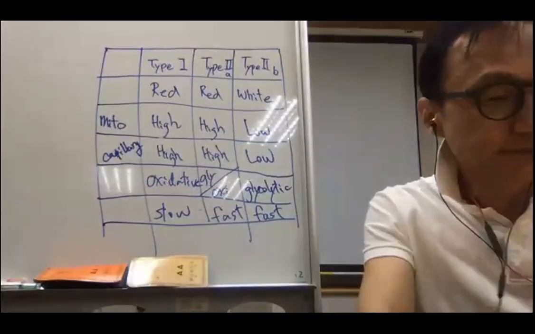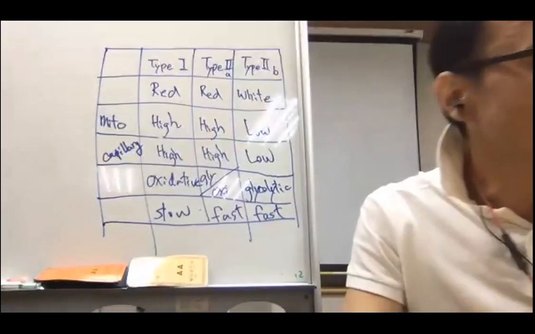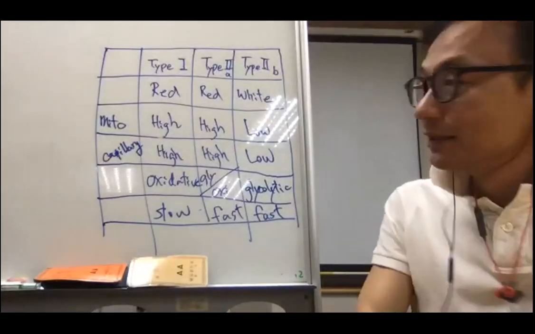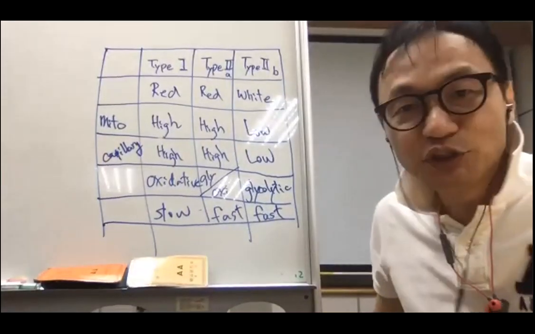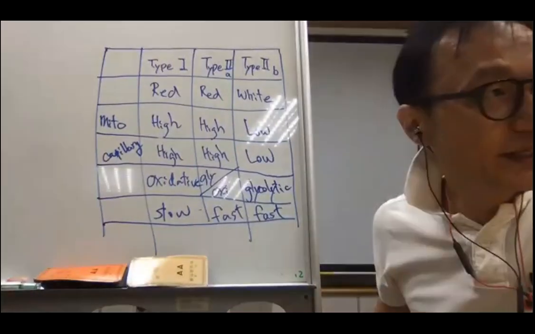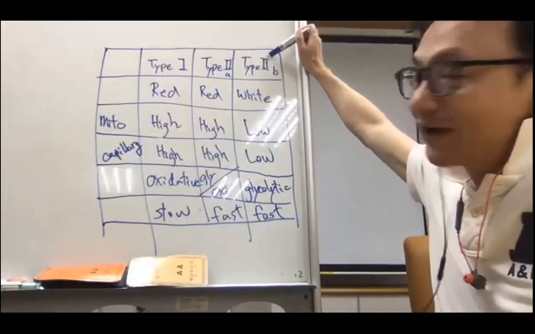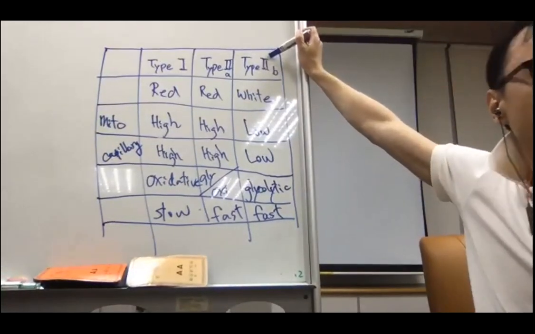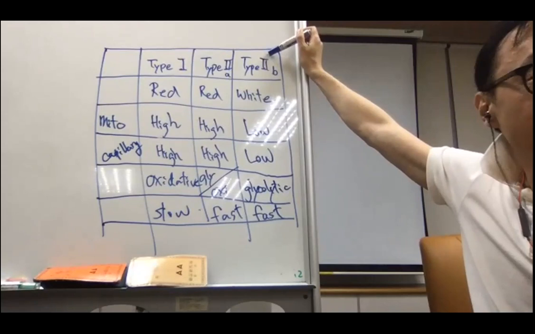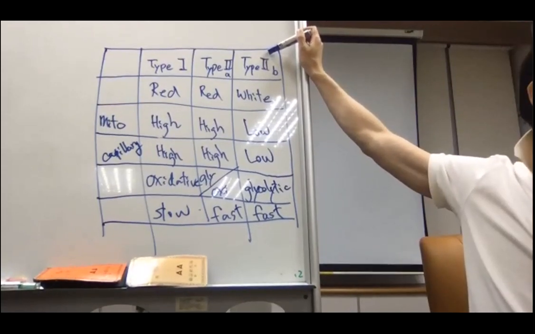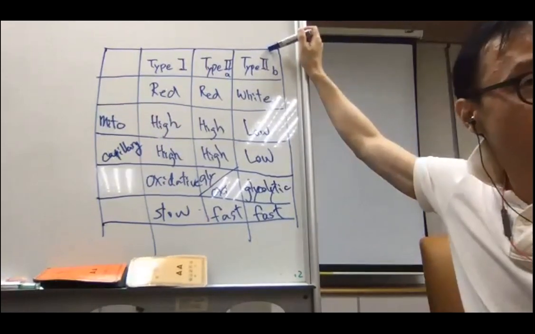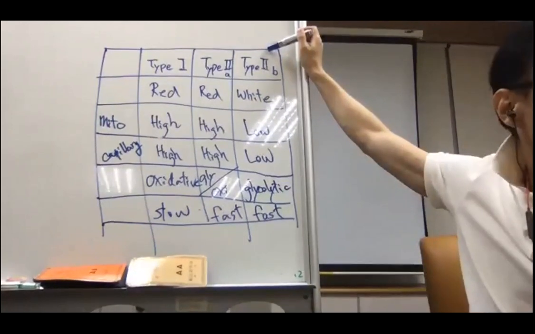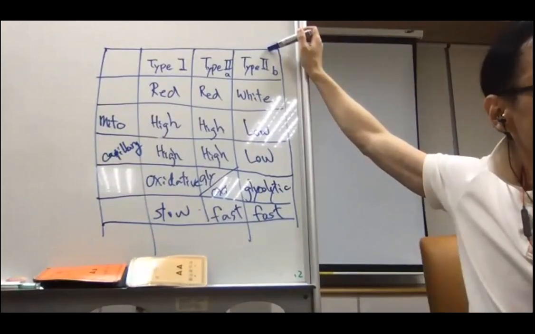Okay, just to give you another idea. What kind of energy substrate would be used by type 2B fiber? We have 3 macronutrients, right?